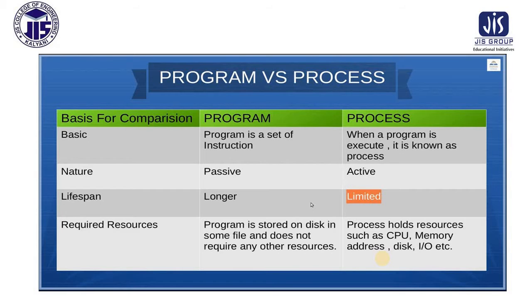The lifespan of a program is longer, but the lifespan of a process is limited. A program is stored in disk in some file and does not require any other resources, but a process holds resources such as CPU, memory address, disk, IO, etc. So the most important point to remember: a program is a passive entity, but a process is an active entity.